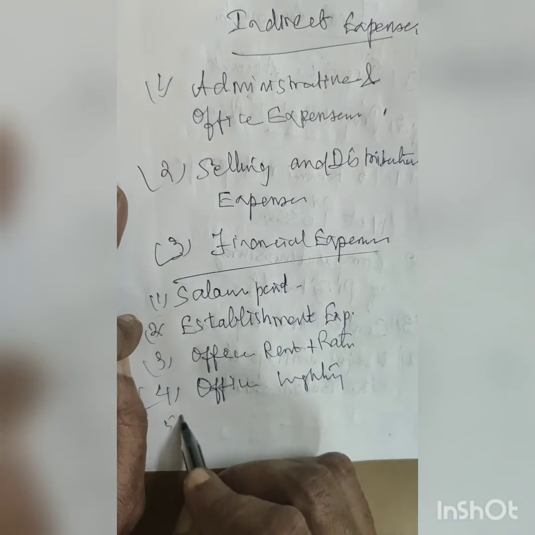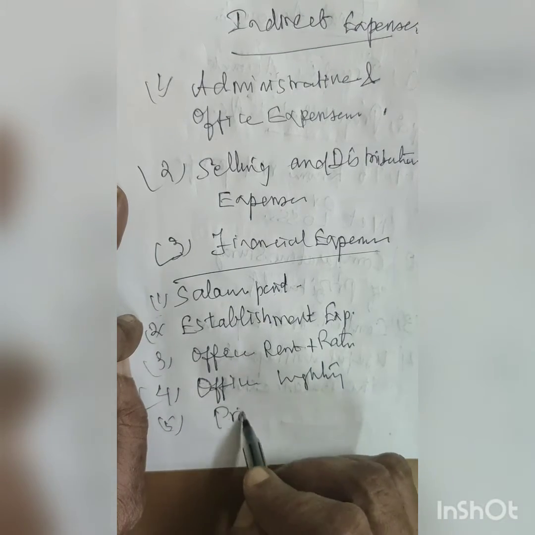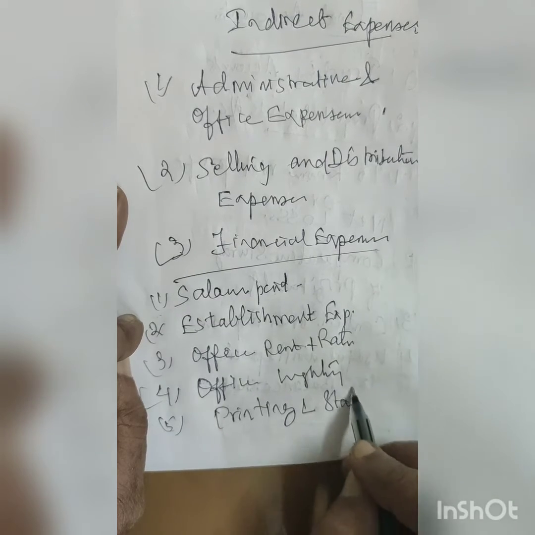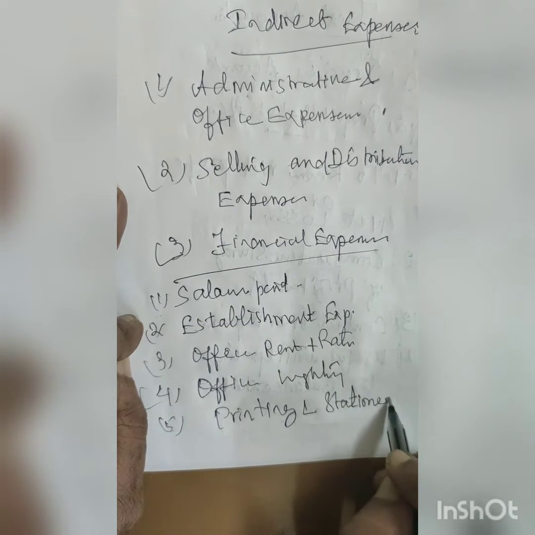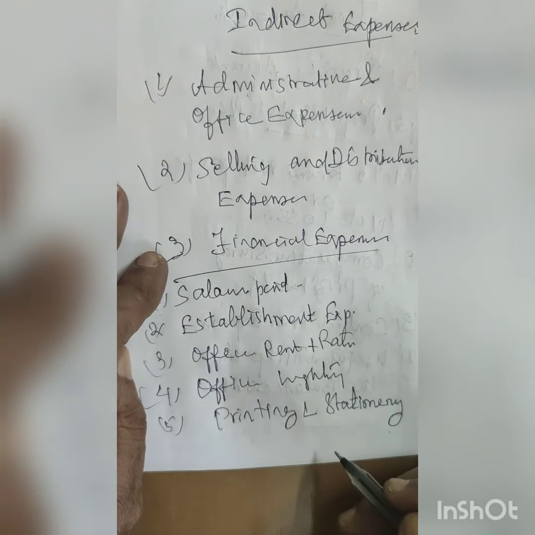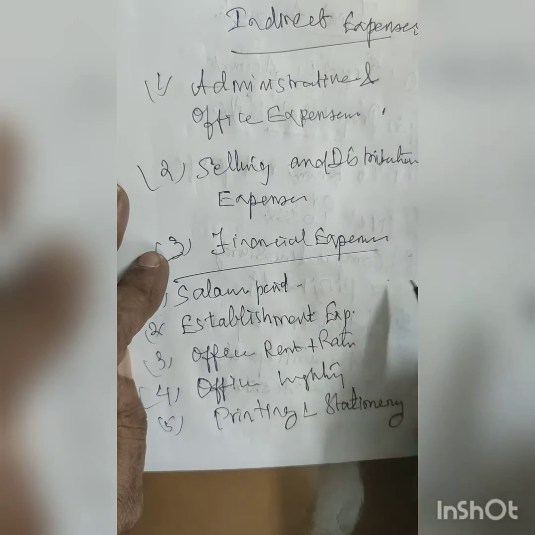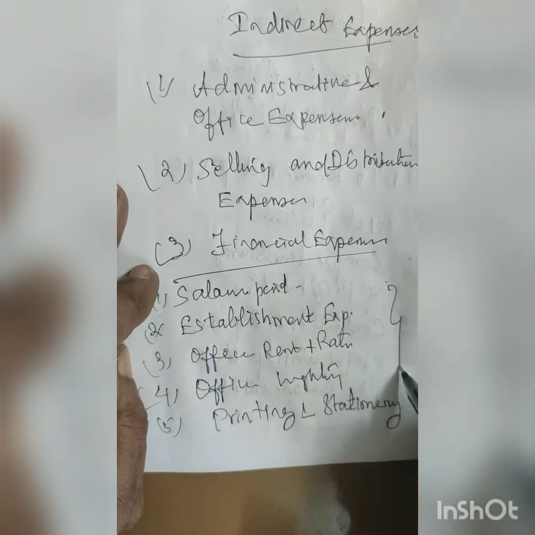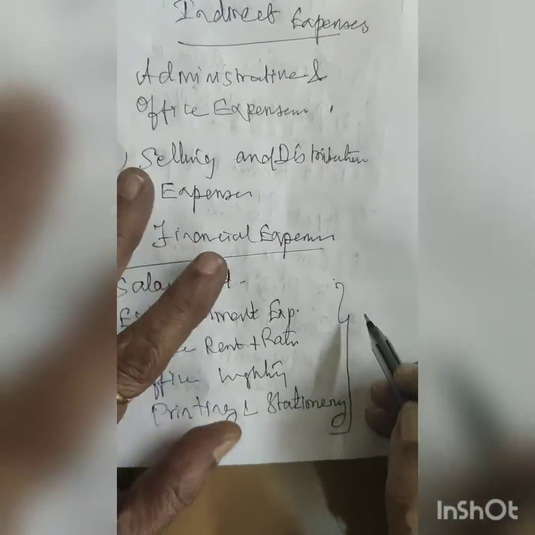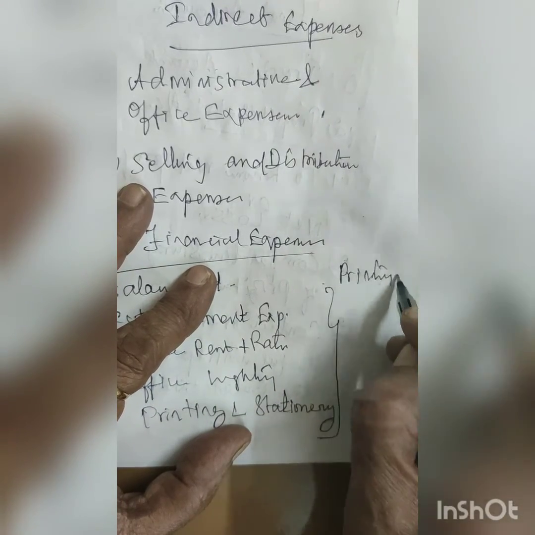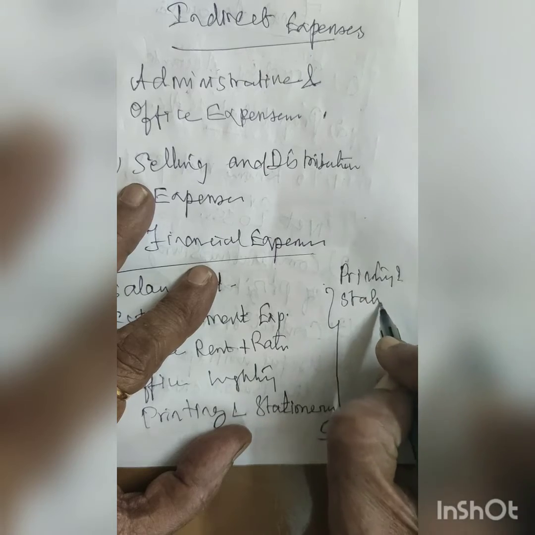Then number 5, printing and stationery. These are the expenses which are most important in the office. Other than these office expenses, there are some more expenses. We can call them printing and stationery expenses.